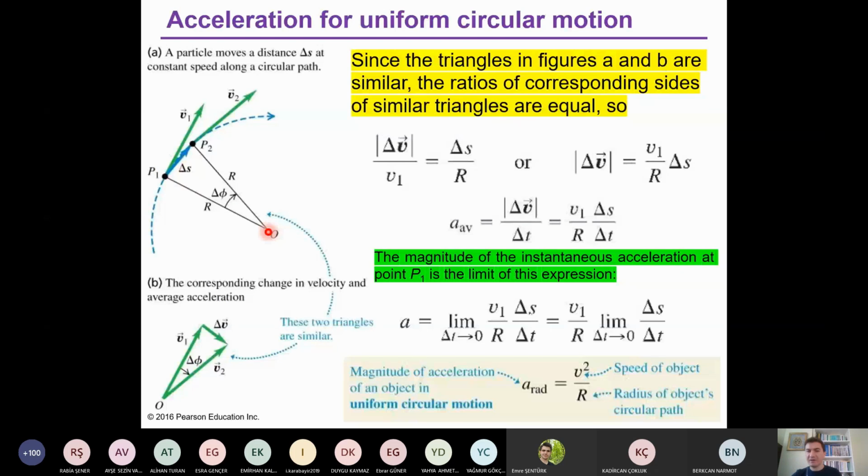So instantaneous acceleration is given with this magnitude V squared over R, and its direction is from the path to the center of the circle. This is A radial, and don't forget this formula in your calculations. It will be very, very helpful, okay? And this is valid for uniform circular motion.